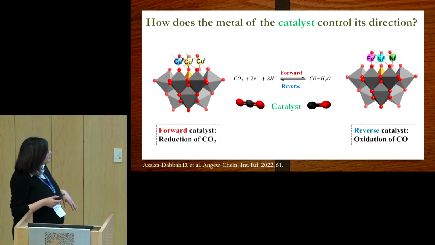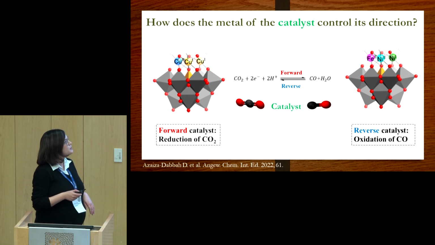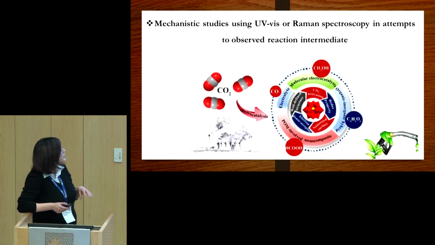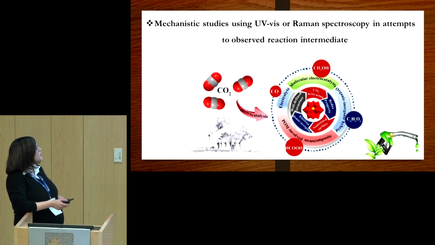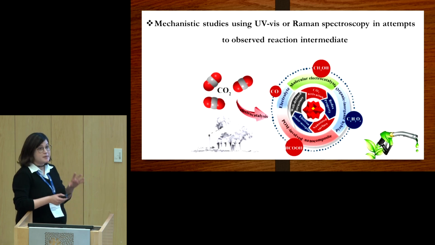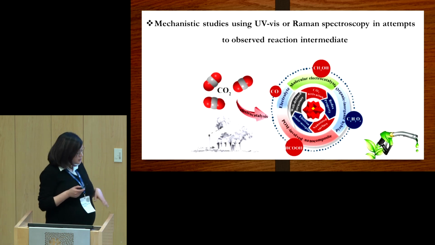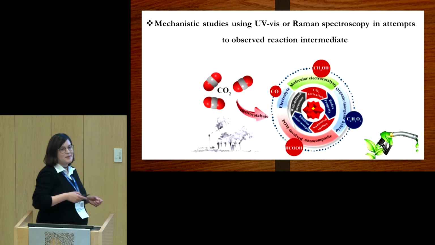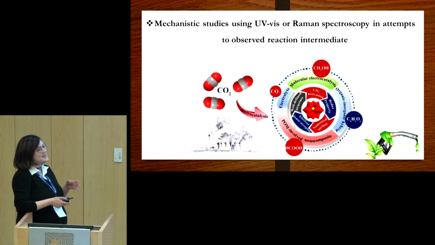So we succeeded to publish this work recently, with deep work to understand the mechanism by using UV-Vis and Raman spectroscopy. But besides understanding the basic science of this project, our future goal is also to put this project in the industry.